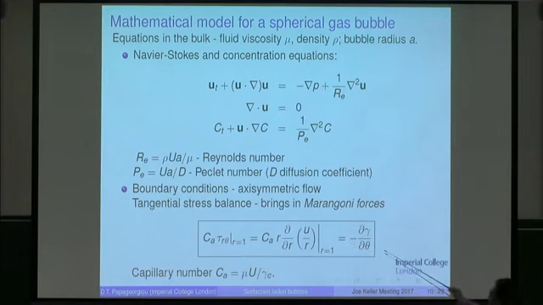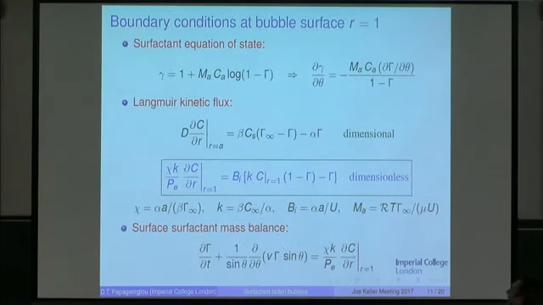And this is the Marangoni force, the derivative of the surface tension with respect to theta, because we're axisymmetric. Now, this of course is a function of gamma. There's an equation of state that tells me what the surface tension is if I know gamma, which is the local surfactant concentration. And then there are two more equations.